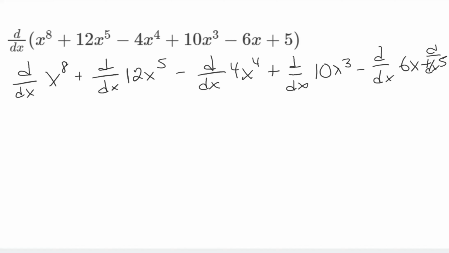Basically, we can do the derivative of each one independently and not have to worry about its connection to each other. So what's the derivative of x to the 8th? 8x to the 7th. What's the derivative of 12x to the 5th? The 12 can come down, so that'll be 60x to the 4th.